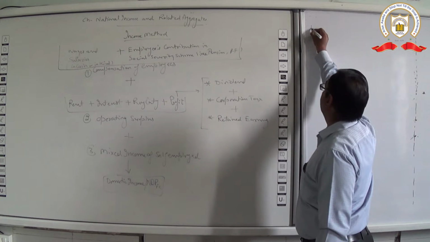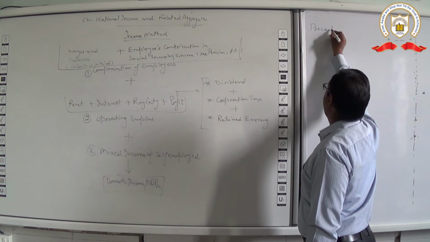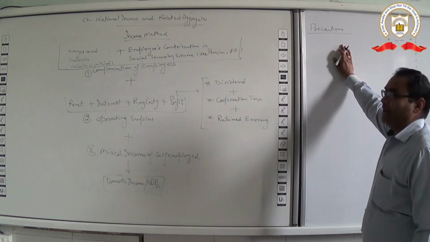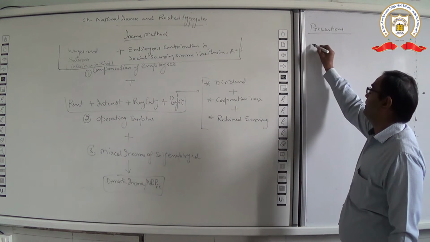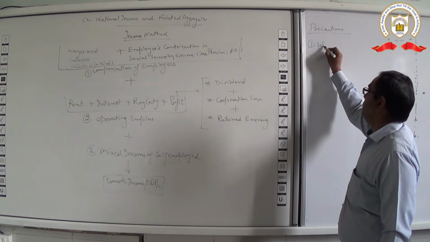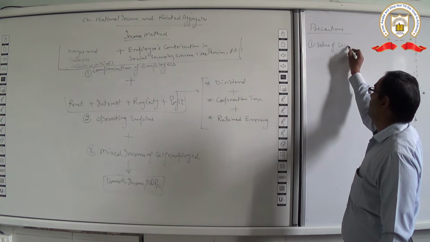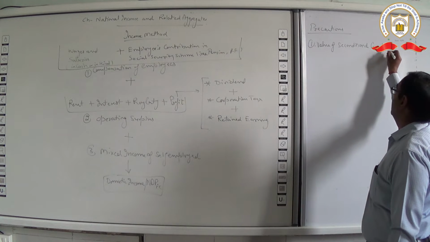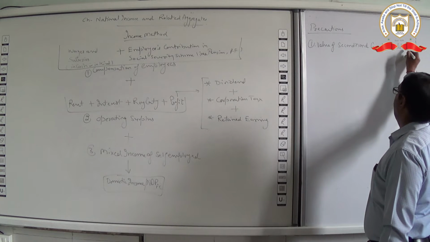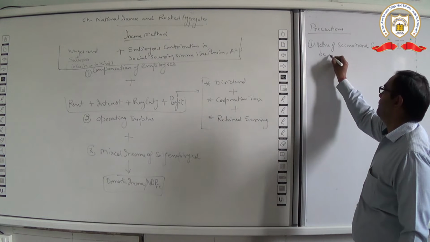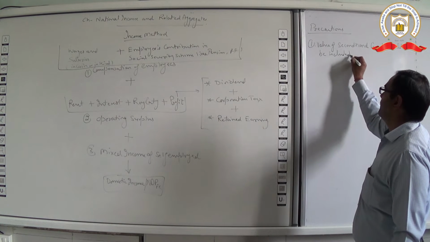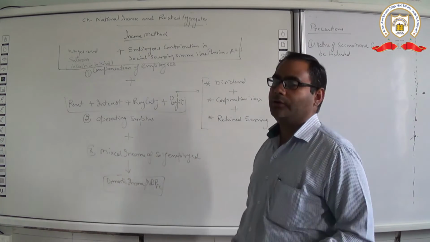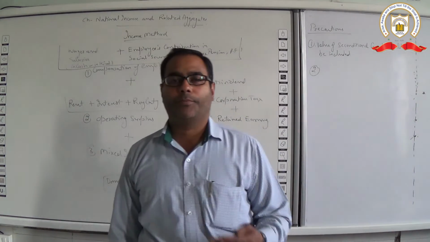The first precaution used while calculating national income by the income method: the value of second hand goods should not be included, because the value of such goods is already included at the time when they were produced.